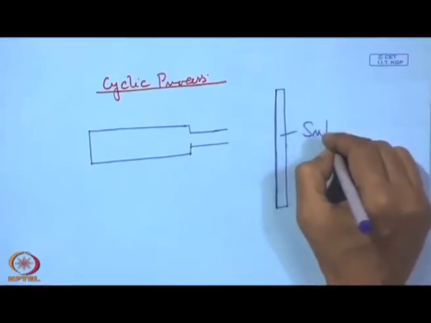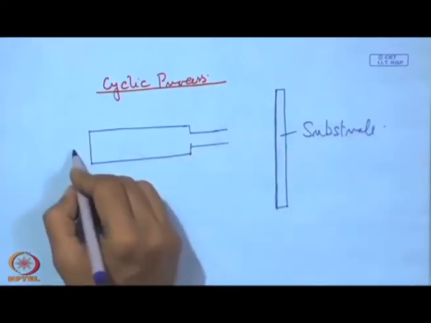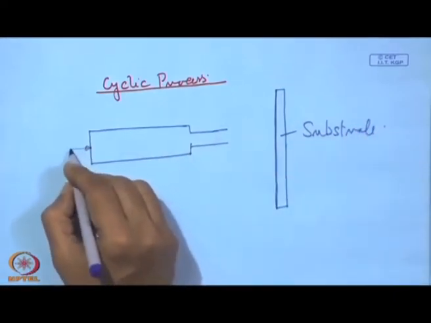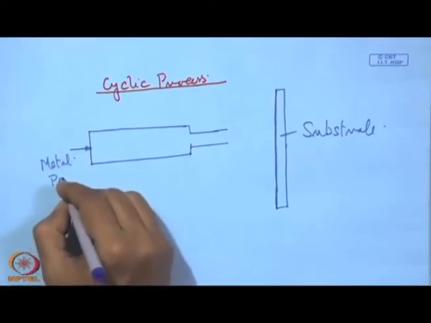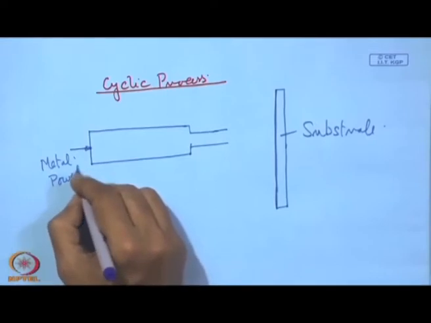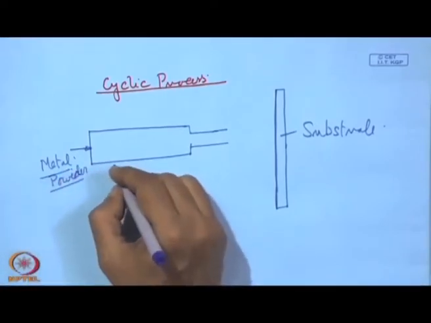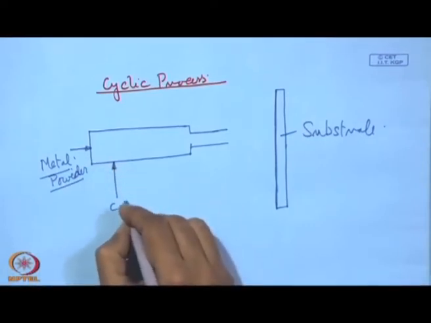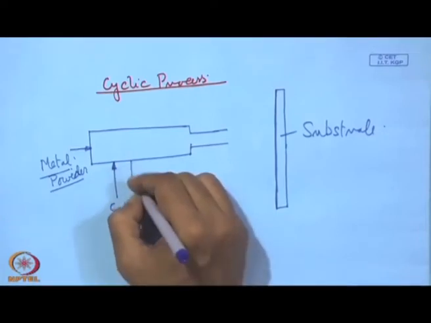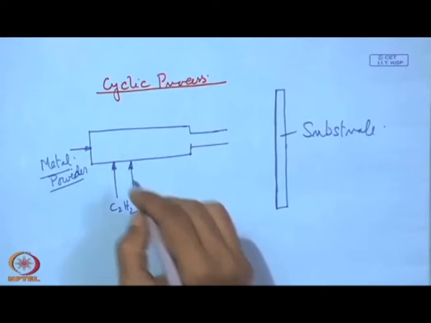This is the substrate. Here we have the metal powder entry point, and there can be some carrier gas. Now, on this side what we have? We have one port for entry of C2H2, and another port for entry of oxygen.